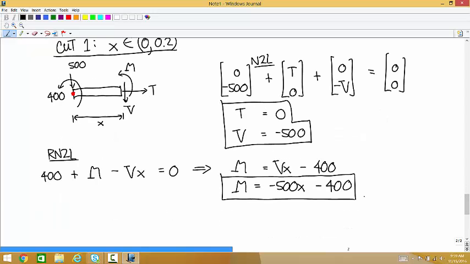So what we have here are internal loads that are valid for all x's between 0 and 0.2. They're not valid at the endpoints of that interval, but we don't care.